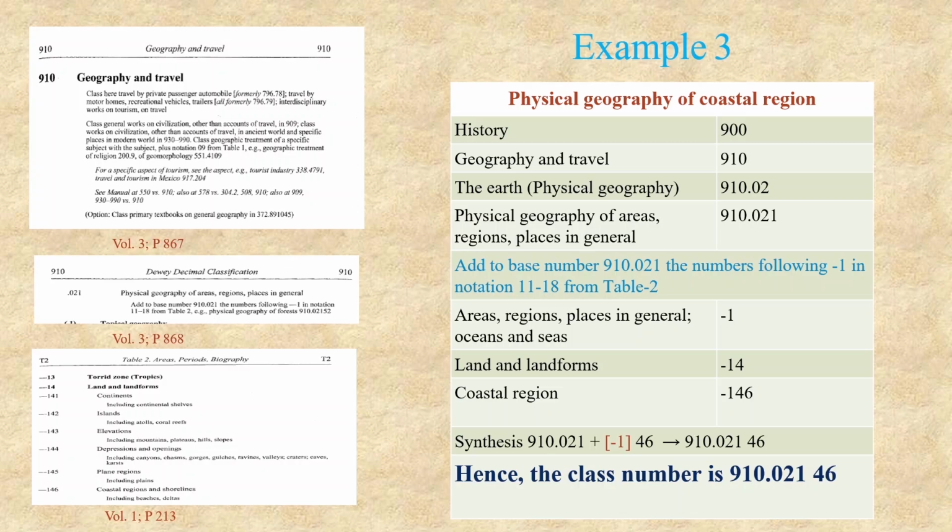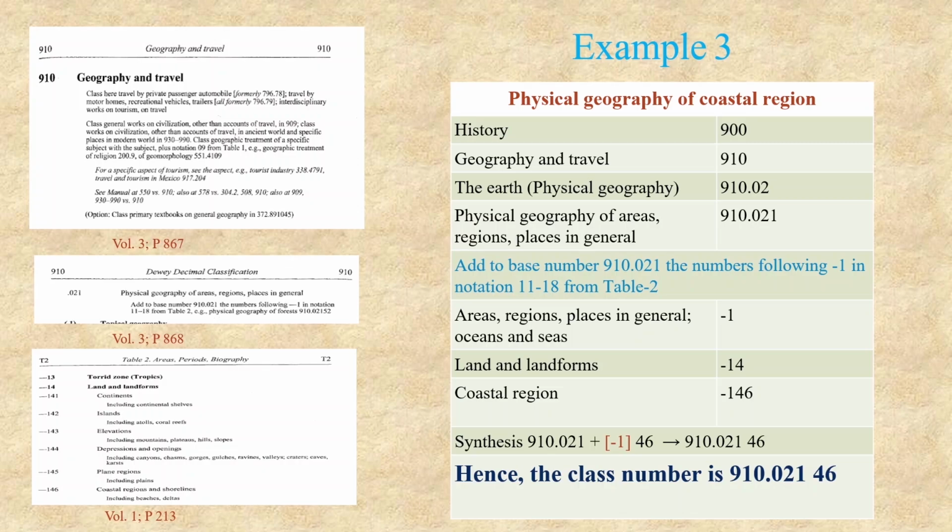This is the table for geographic modifiers. From Table 2: oceans and areas -1, land and land forms -14, coastal region -146.